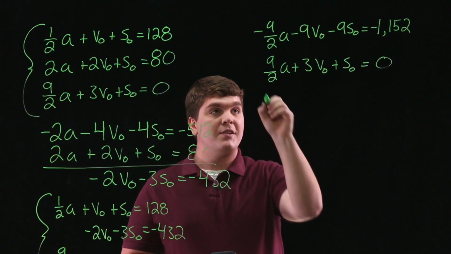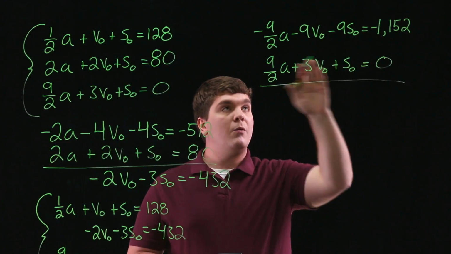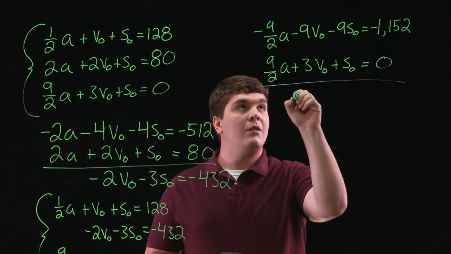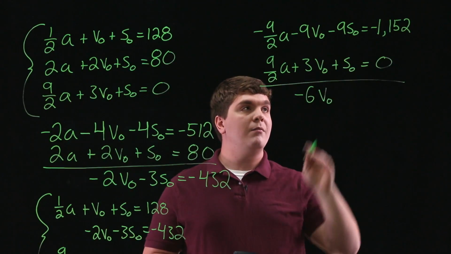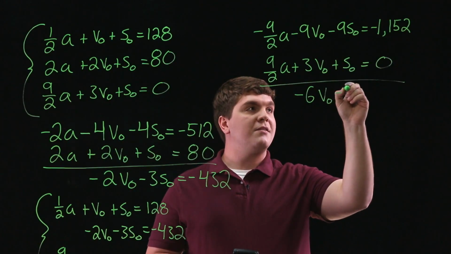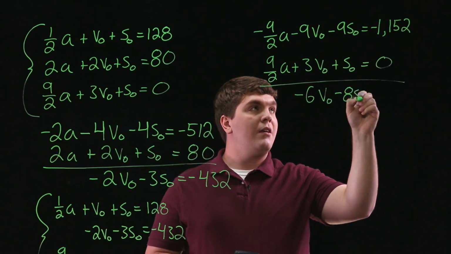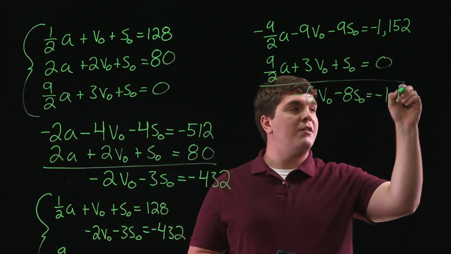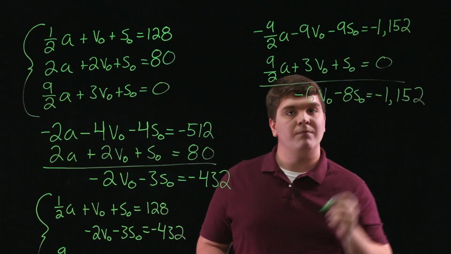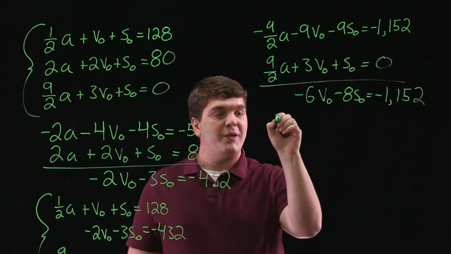Now adding these two rows together, we'll have 0A minus 6 V naught minus 8 S naught is equal to -1,152.